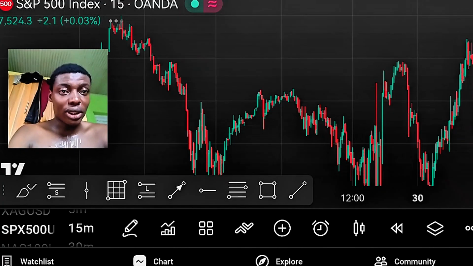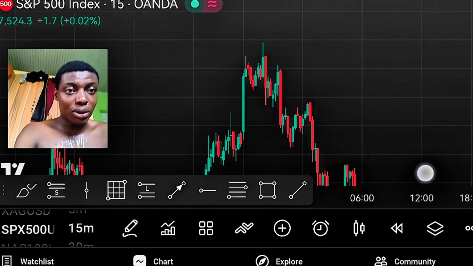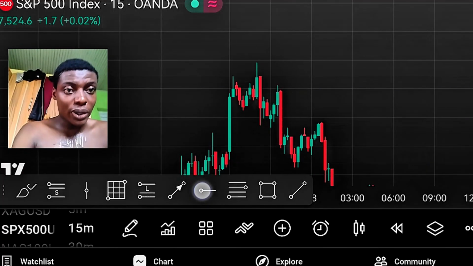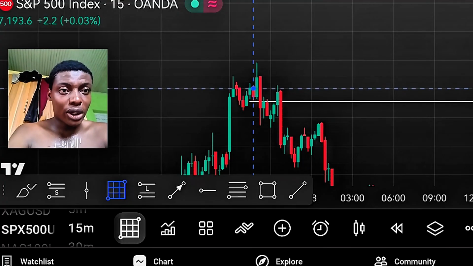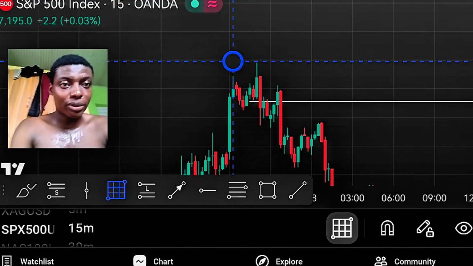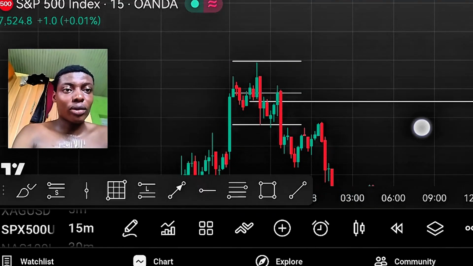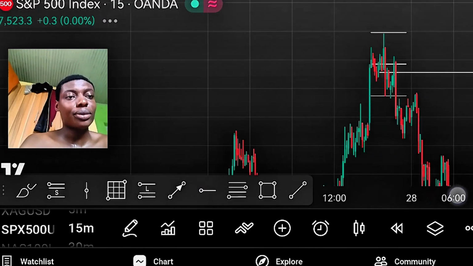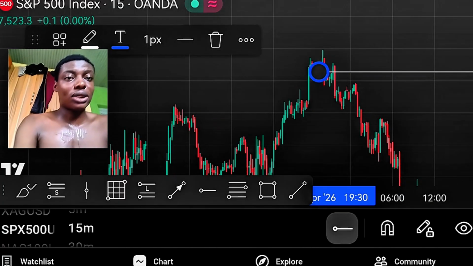Let us look for another sell. Okay, we had break of structure here. We came into discount of equilibrium and we ripped down. As simple as that.